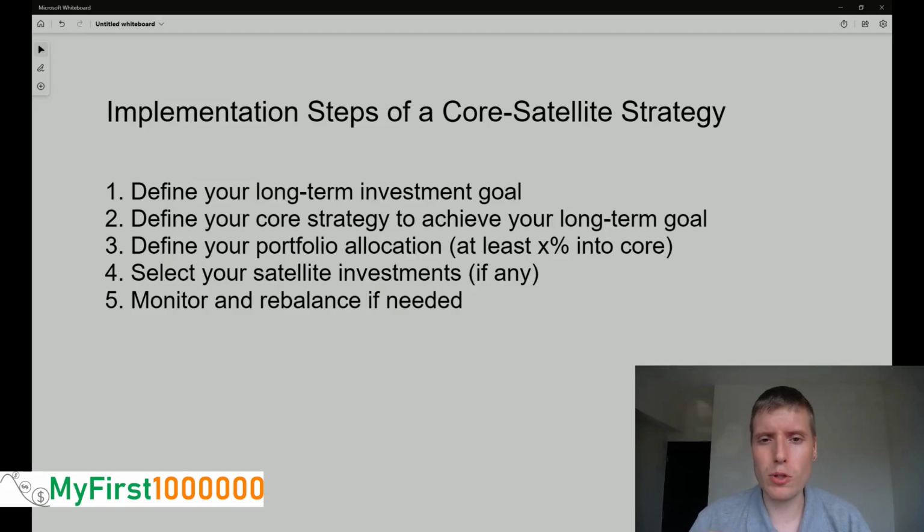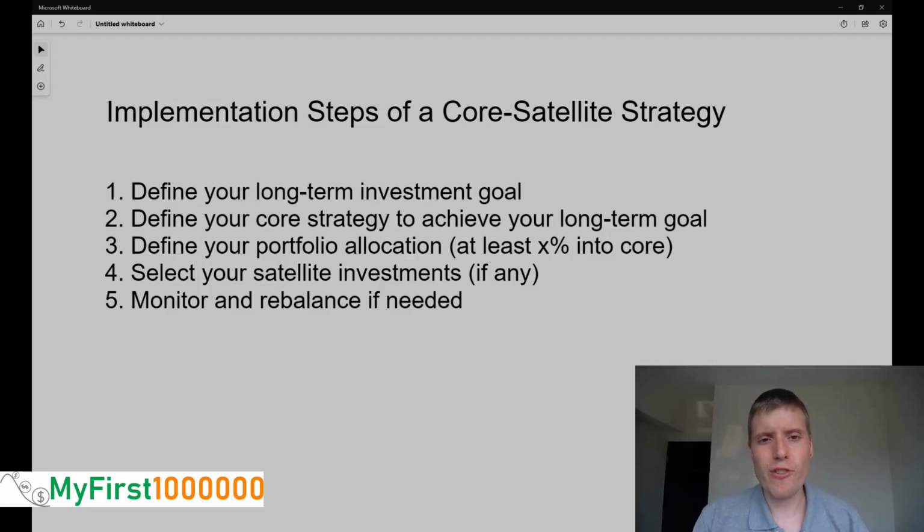If you're not able to define any satellites that you want to allocate some smaller portion of your portfolio into, then of course you can put everything into the core. But again, for your satellites, you want to identify maybe either the maximum percentage of your money that you want to invest into a satellite, or maybe the maximum amount that you are willing to invest into a satellite.